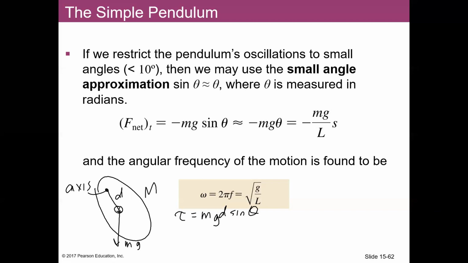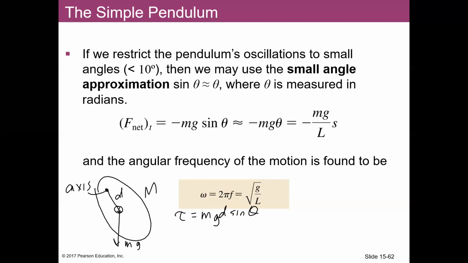So that is the gravitational torque that is exerted on the rigid body. If you do your right-hand rule, the torque would point into the screen here, and then as it swings to the other side, it'll point out of the screen. But this is the equation.